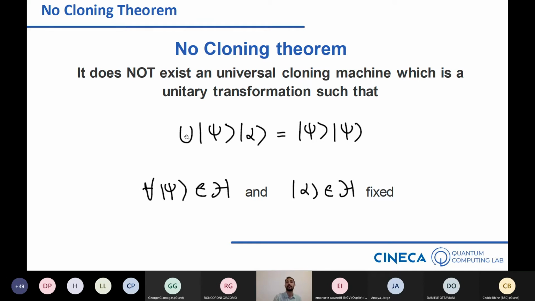A unitary of this kind does not exist for every psi and a fixed alpha.